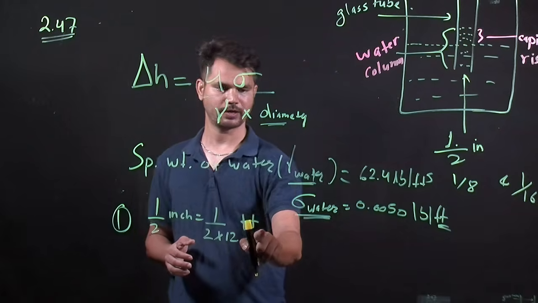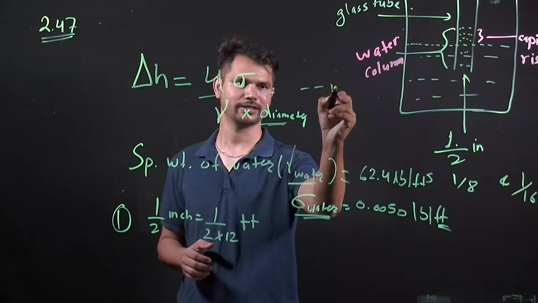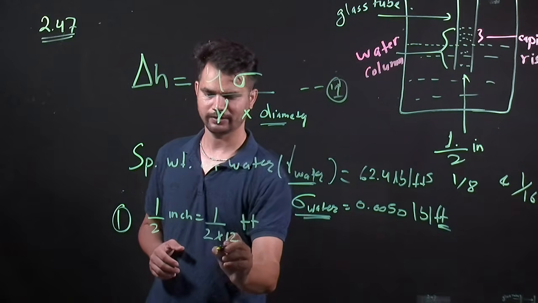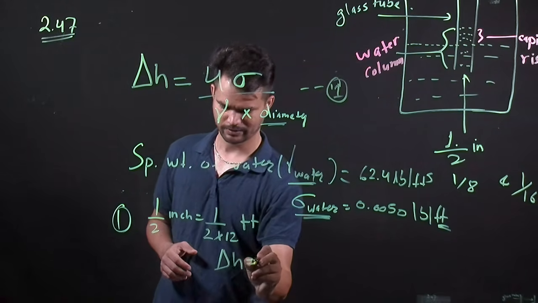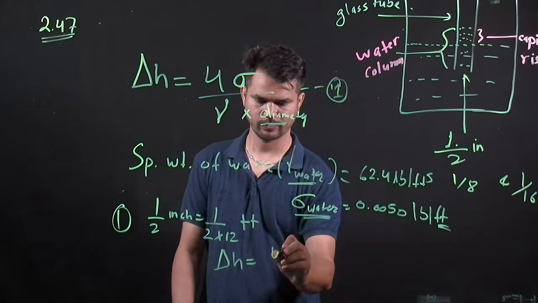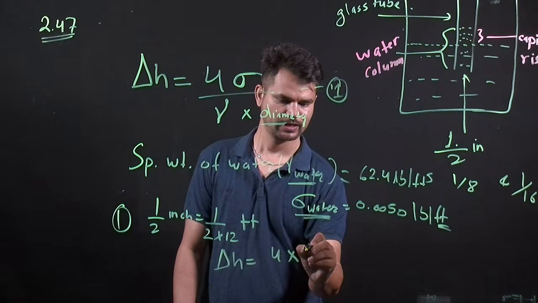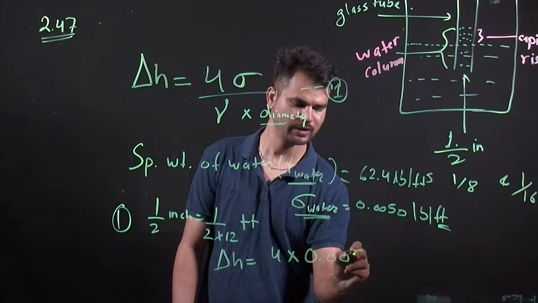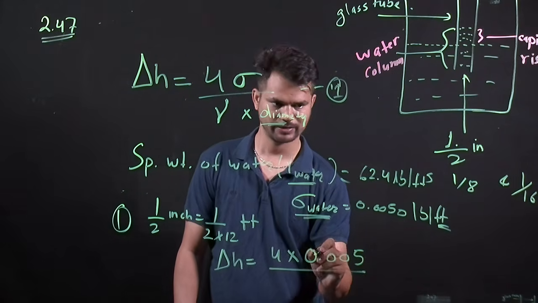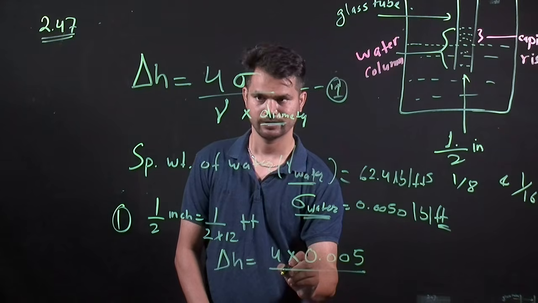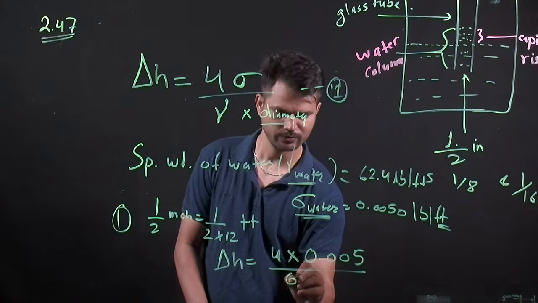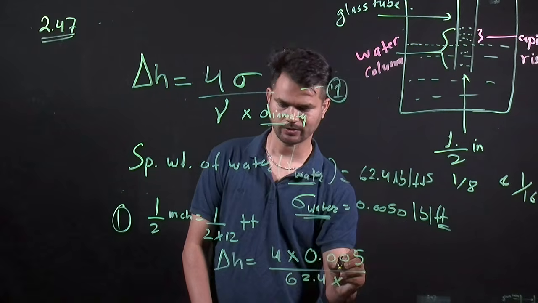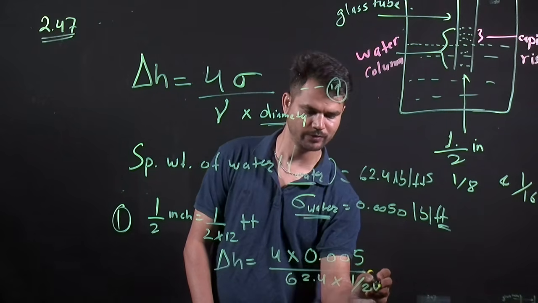When we put this value in this equation 1, our del H will be 4 times the surface tension of water, 0.005, divided by specific weight 62.4 into this diameter, which is 1 by 24.